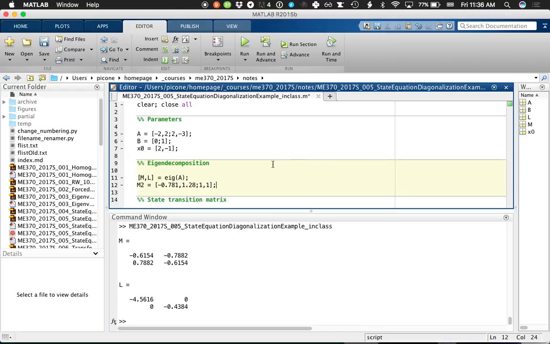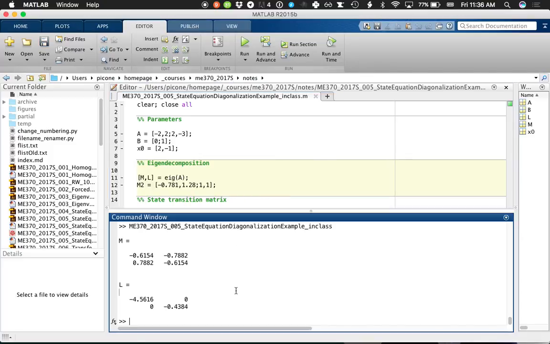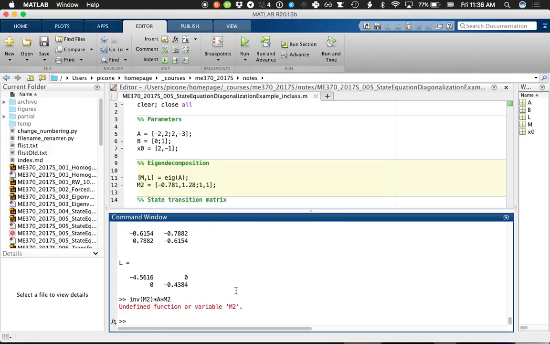Our lambda was the same, so we can use theirs. So if we do inverse m times the original A matrix times m, this should work for m2 and it should work for m. So we'll do m2. Oh, I didn't evaluate this. I suppose I should do that.